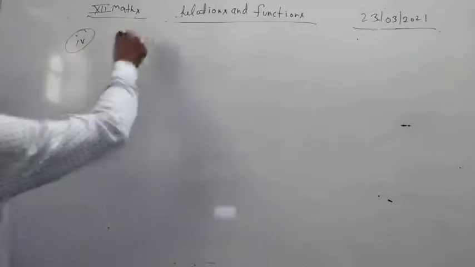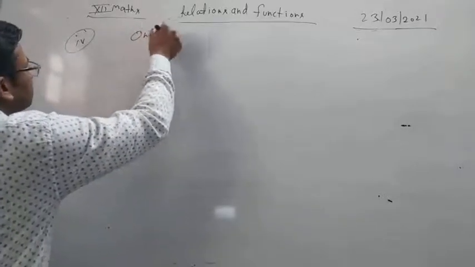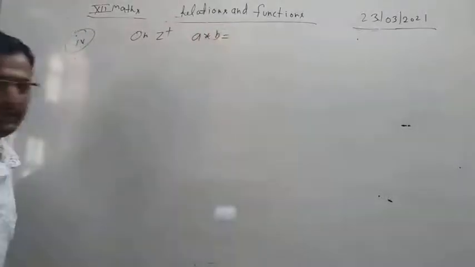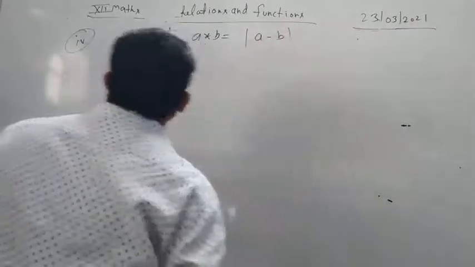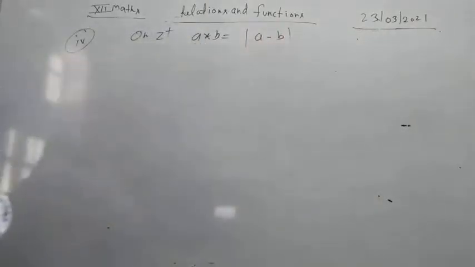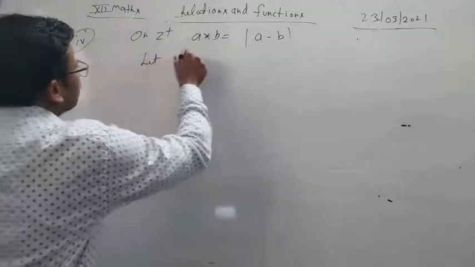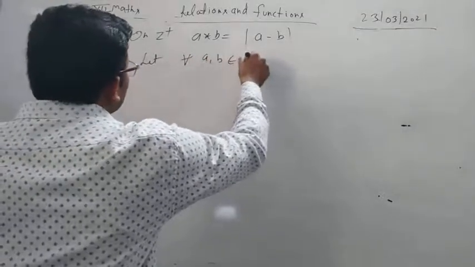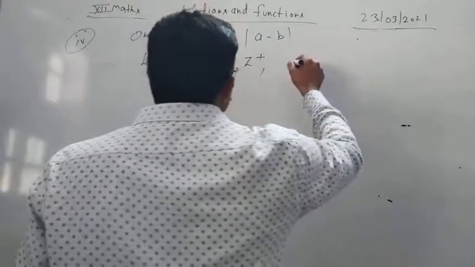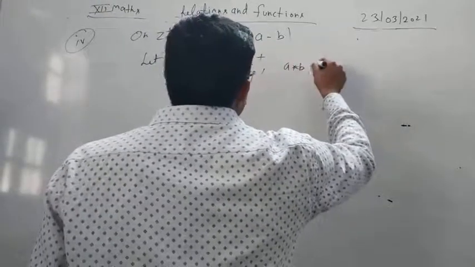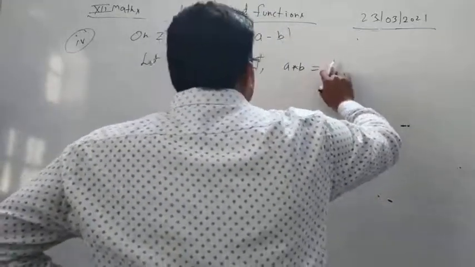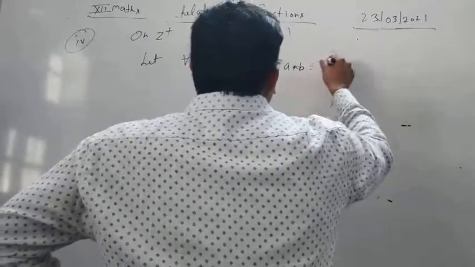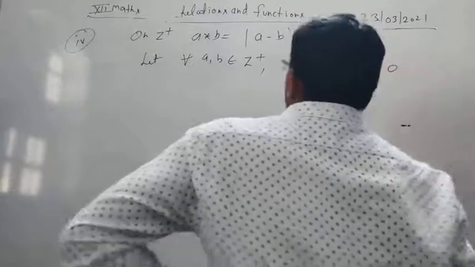Fourth part is on Z plus, A star B defined by mod A minus B. So student, A star B is defined by mod A minus B. Now let A, B belong to Z plus, then A star B, that is mod A minus B, is always greater than 0.